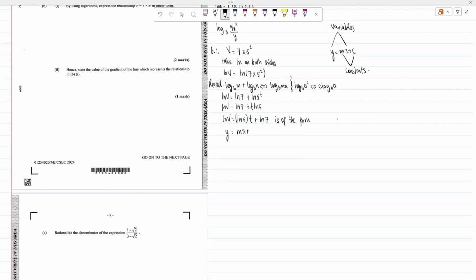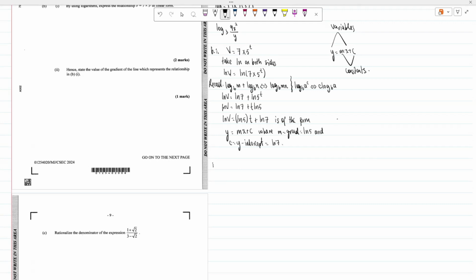No seen with that, right? Let me foreshadow the next piece, where m is the gradient, which is ln 5, and c is the y-intercept, which is ln 7.